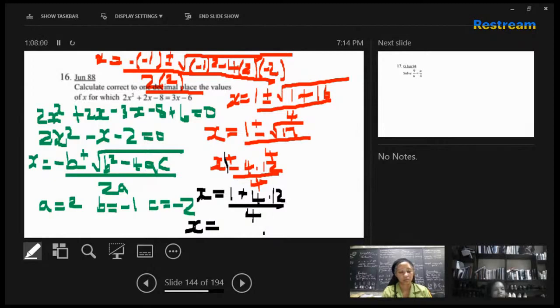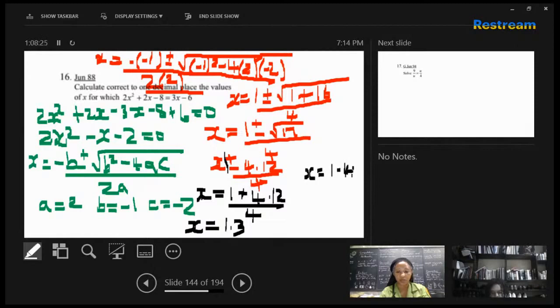And 5.12 divided by 4 is 1.28. Round that to one decimal place. Yes, 1.3.